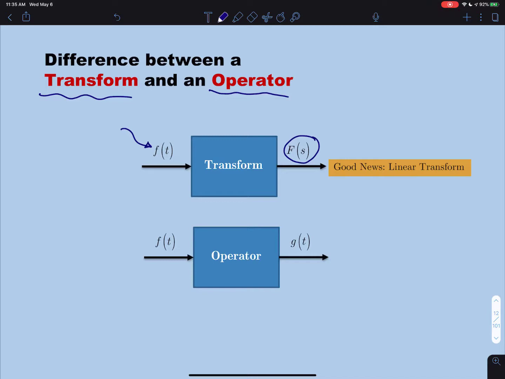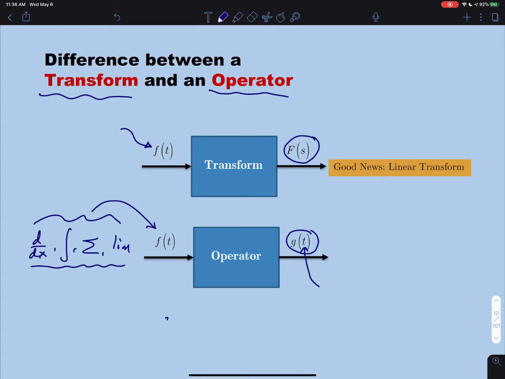And thank God it's a linear transform, and you'll see when I actually prove it for you guys. But an operator, like a differentiation process, or an integration process, or a summation process, or a limit process, these are all called operators. Why? Because if you apply any of these to a function, of course, the result is going to be a different function, but notice it's going to be based on the same variable.